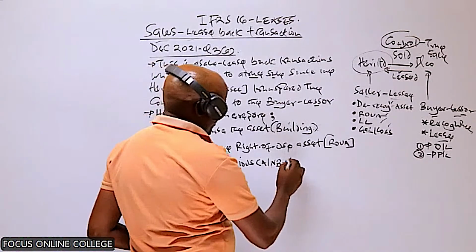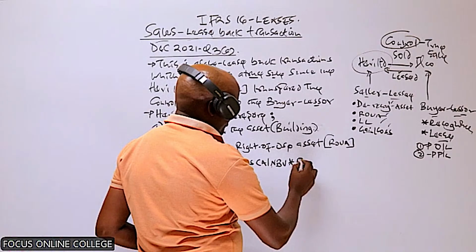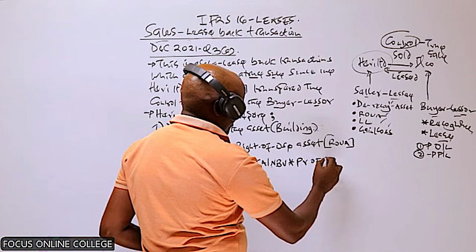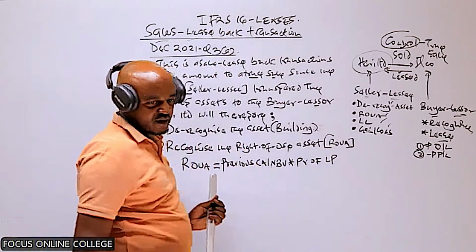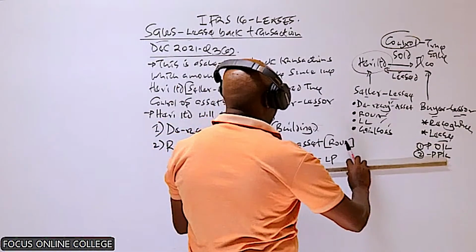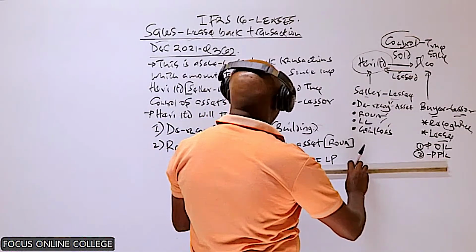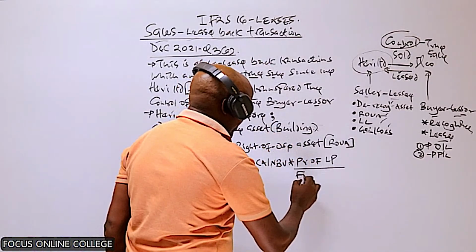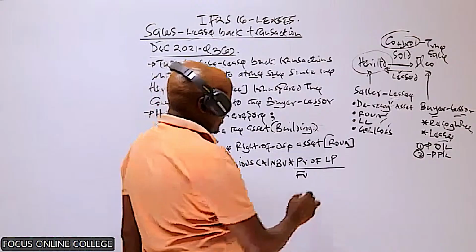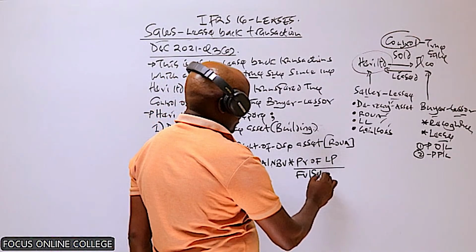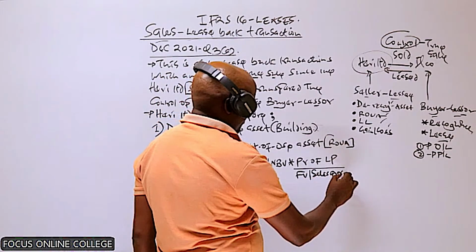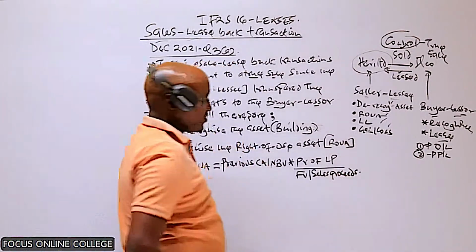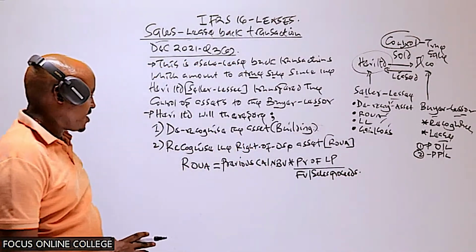And then we multiply this by the present value of the lease payments, and then divide by the fair value, which in other terms we have referred to as the sales proceeds.